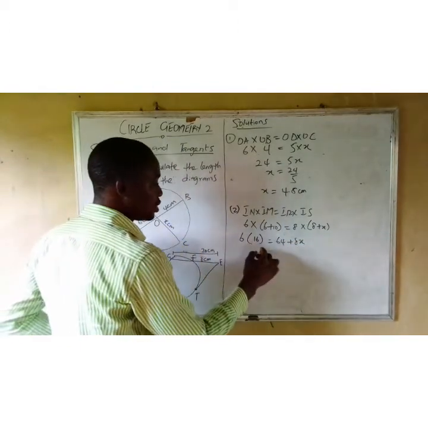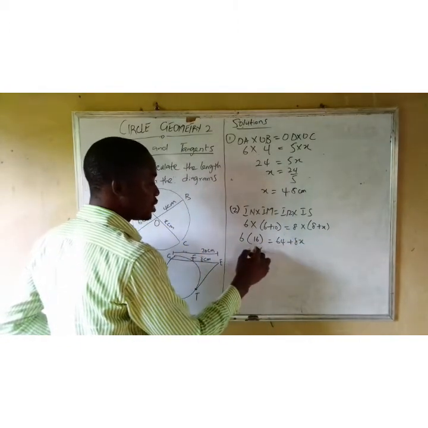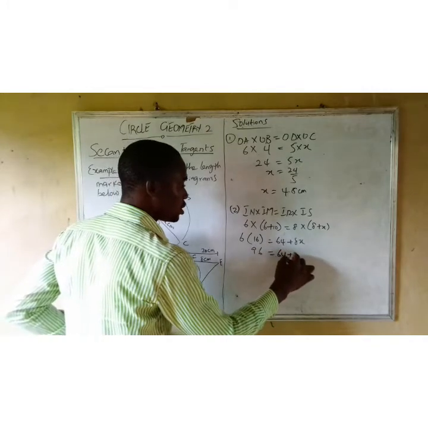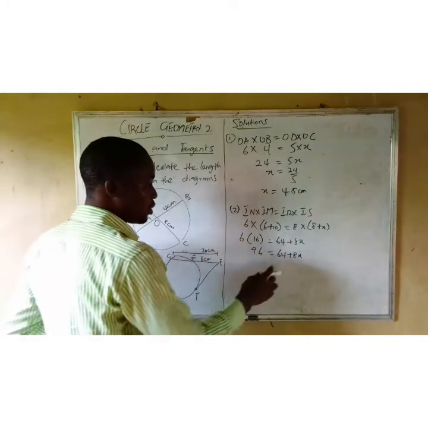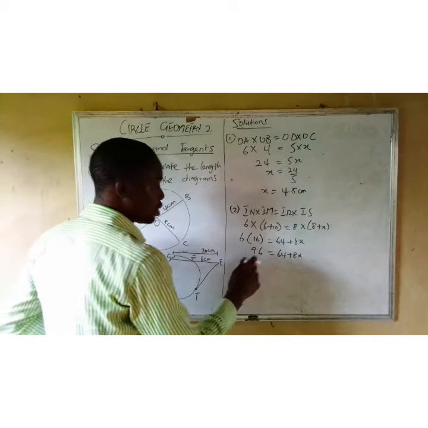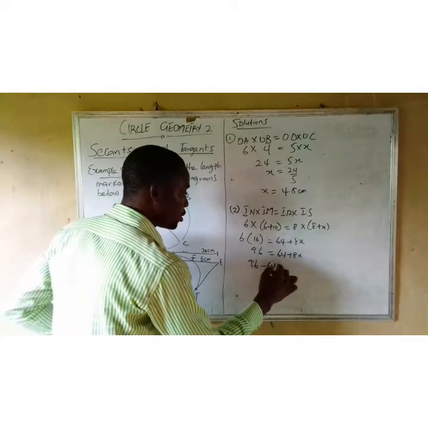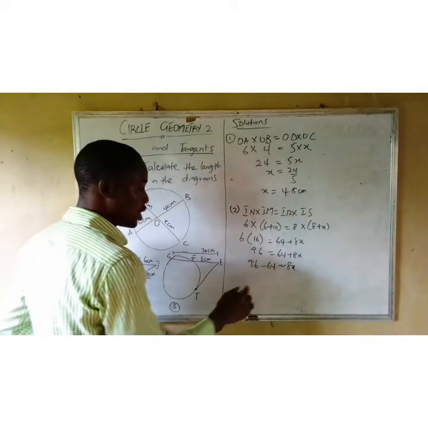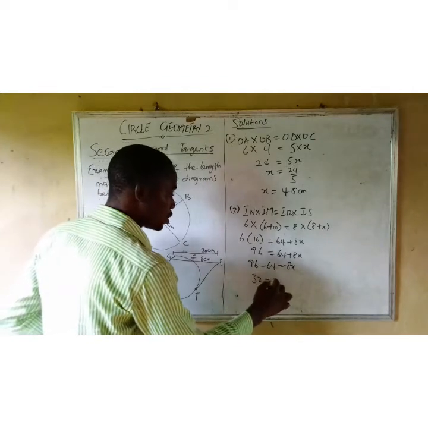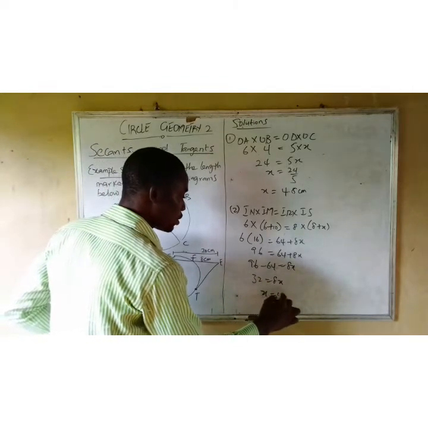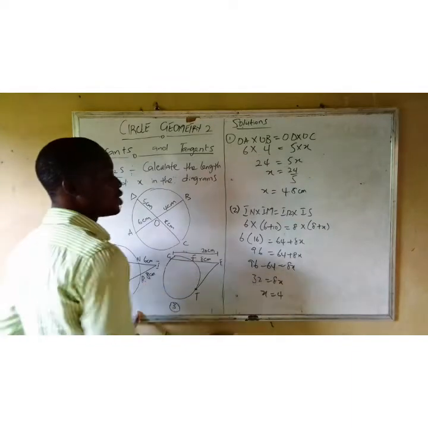So 6 times 16 is 96, equals 64 plus 8x. So what do we have now? That becomes 96 minus 64 equals 8x. That becomes 32 equals 8x, where our x therefore is equal to 4. That's 32 divided by 8.